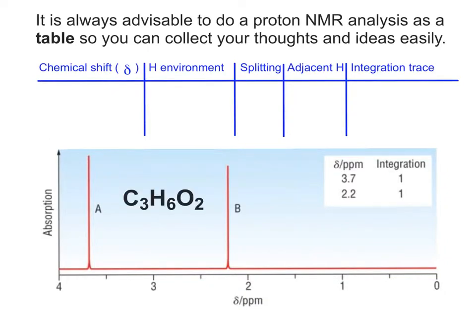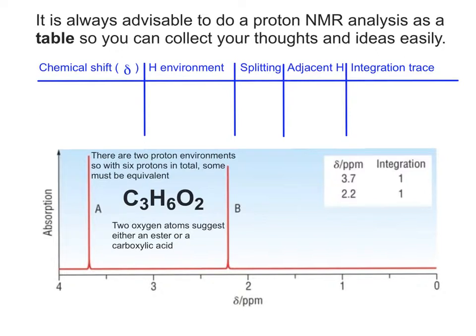So let's now assume that we knew a little bit more about this molecule, and we were told that it was C3H6O2. So we know what the integration traces are, so we can start putting in the chemical shifts. Now, even though we don't know anything else about the molecule, the fact there's two oxygen atoms suggests either an ester or carboxylic acid.